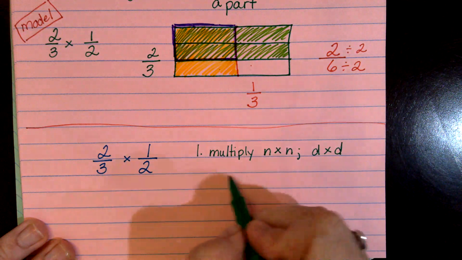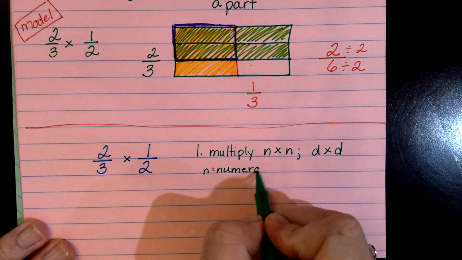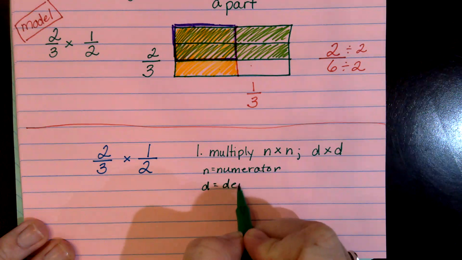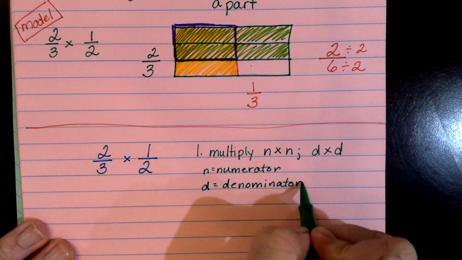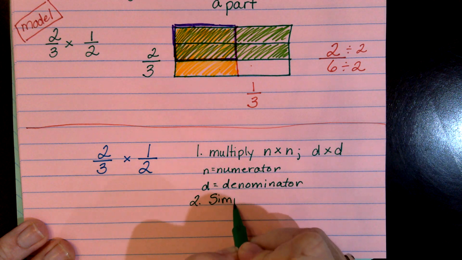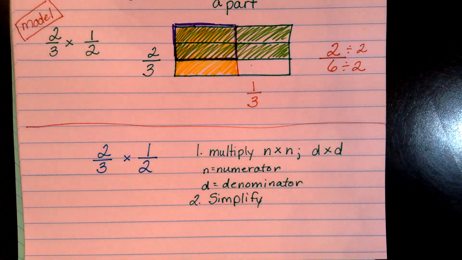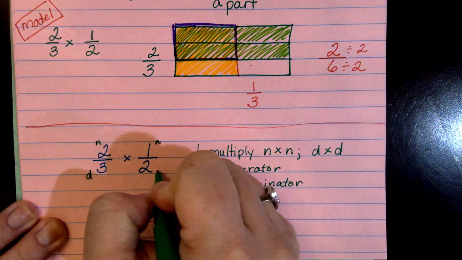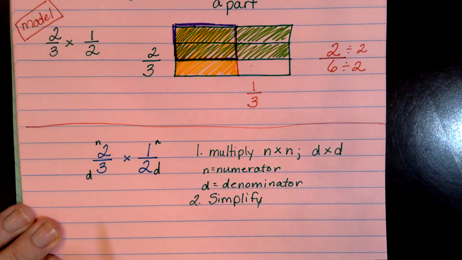Okay, so the n is equal to numerator, the d equals the denominator. And then step 2 is to simplify. If we do that, here's our numerators and our numerators, our denominators and our denominators. So it's 2 times 1 over 3 times 2.